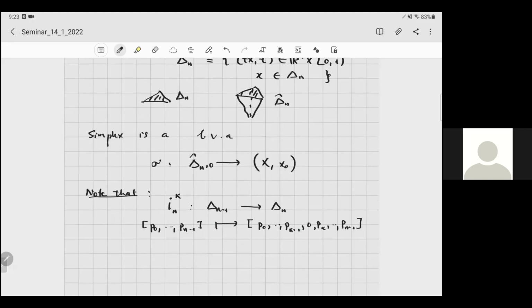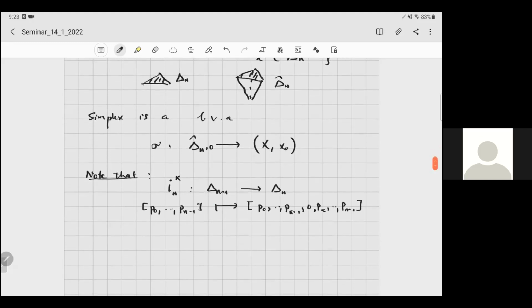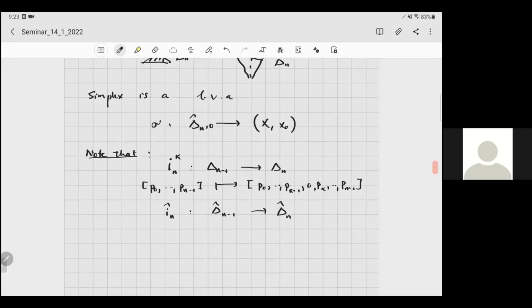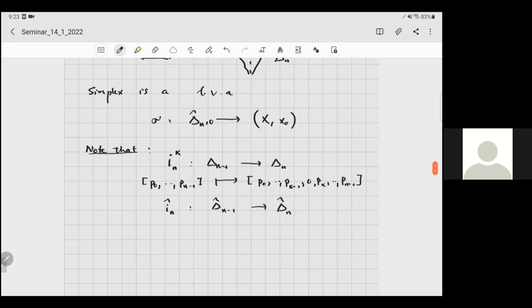So we have this map, and this map induces similar maps from Δ(n-1) hat to Δn hat, defined by taking t and x.